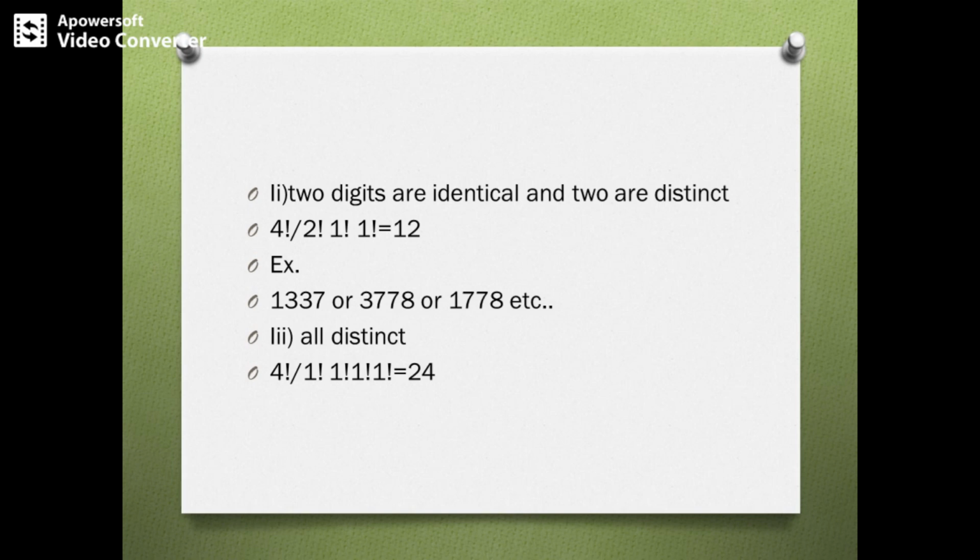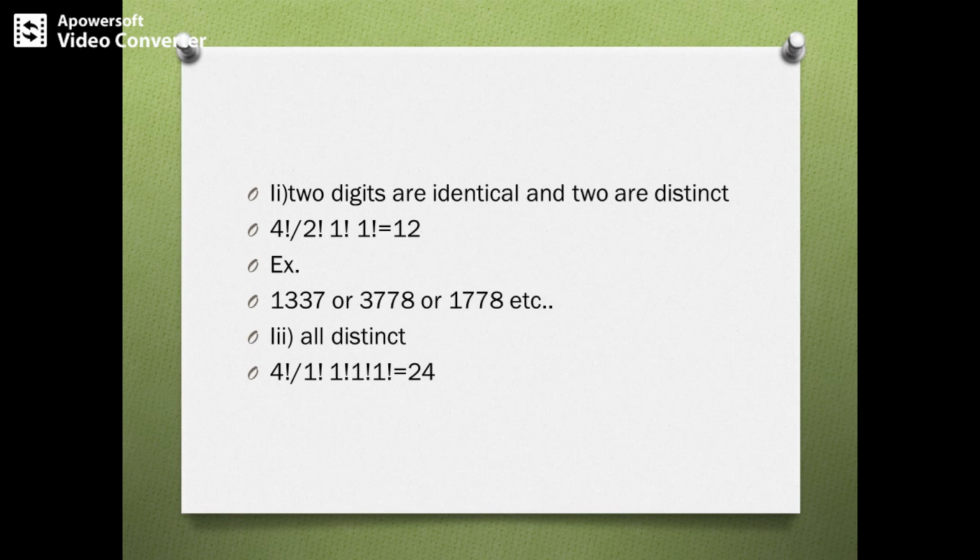This can be done in 4 factorial ways divided by the number of repetitions. Here there are no repetitions, we are taking distinct 1, 3, 7, and 8, so all are 1 factorial, which is nothing but 24 ways.